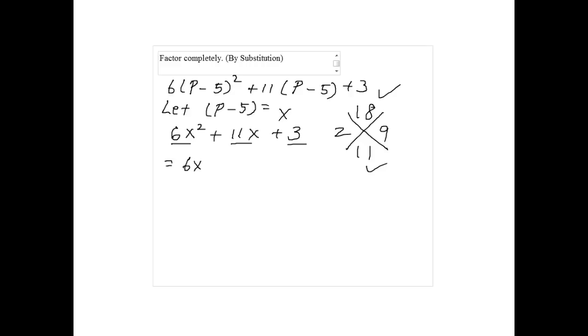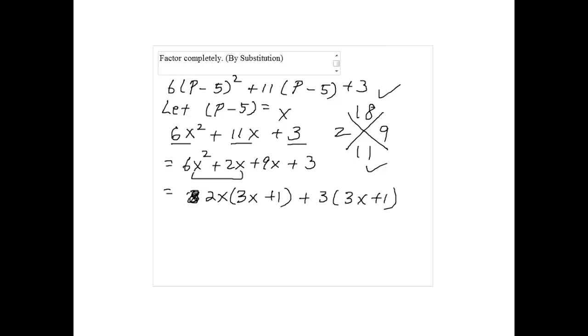So we're going to rewrite this as 6x squared plus 2x plus 9x plus 3. By using the grouping method, we can take out 2x from the first two terms. So we have 2x times 3x plus 1 plus 3 times 3x plus 1. Now we have 3x plus 1 in common, so by factoring out that, we have 3x plus 1 times 2x plus 3.